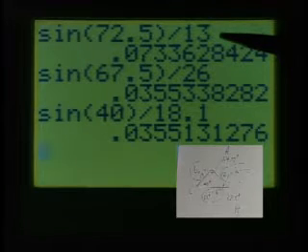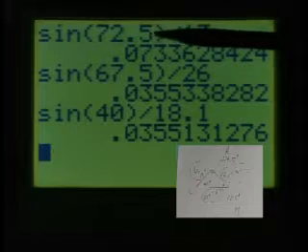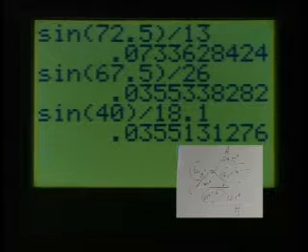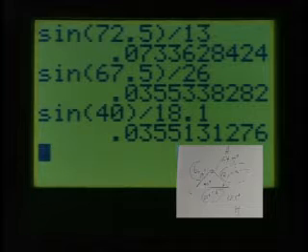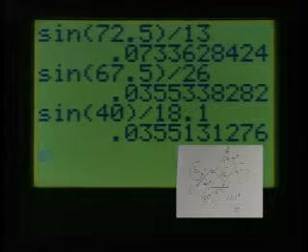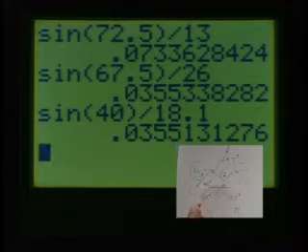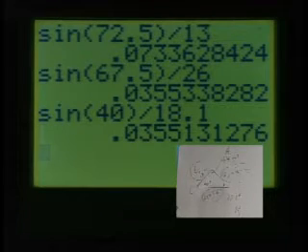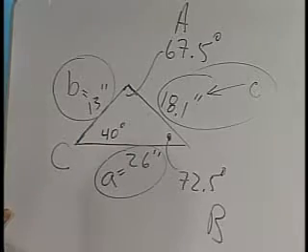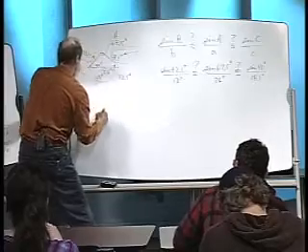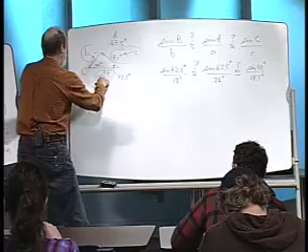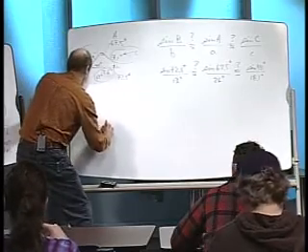Okay. So let's check this 72.5 degree measurement, which was which angle? That was our angle B. Okay. So let's go back to the original problem then, because we knew the little b was 13 inches. We knew that angle C was given to us as 40 degrees, and we knew side A was 26 inches.